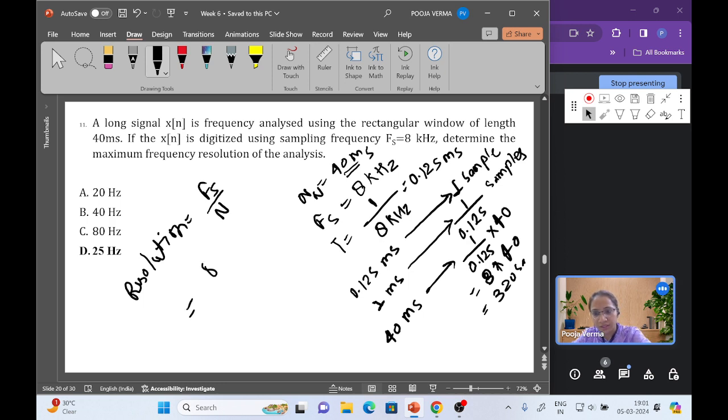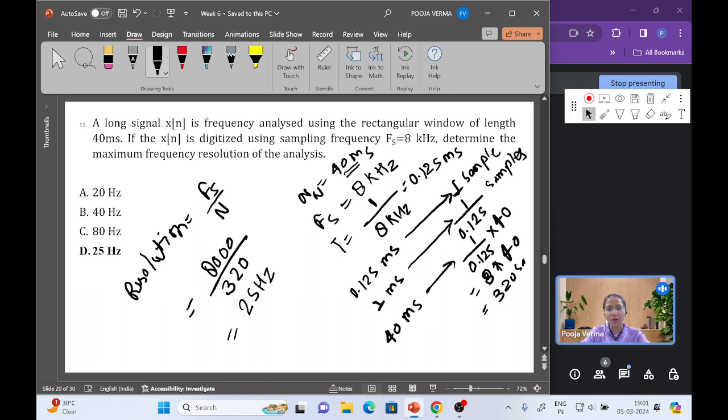And Fs is given as 8 kilohertz, or 8000 hertz, divided by the number of samples, 320. Then we will get 25 hertz.